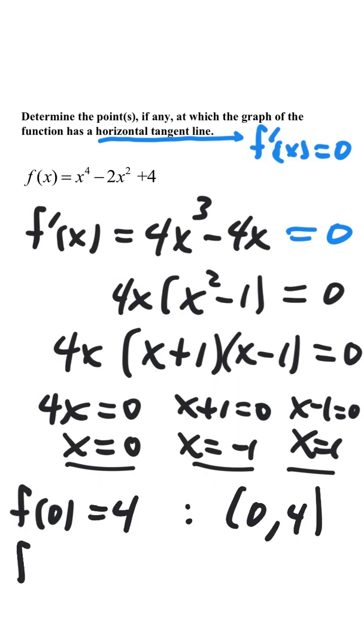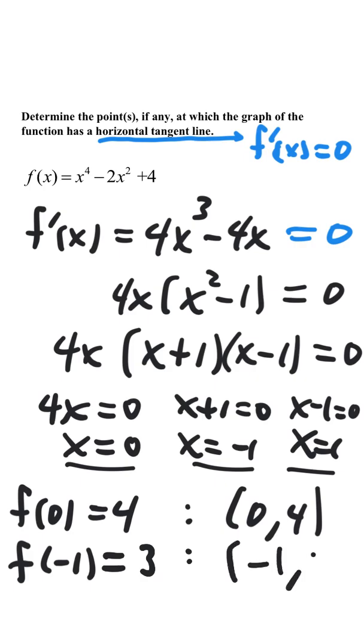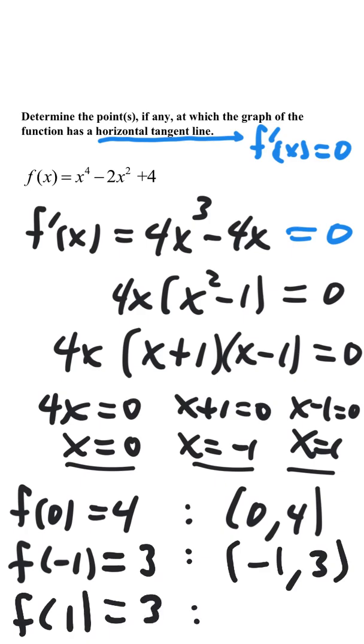If you replace all the x's with negative 1, negative 1 to the 4th minus 2 times negative 1 squared plus 4, you will find your answer is 3, giving us the point negative 1, 3. And then finally, f of positive 1 also gives us 3, and that gives us the point 1, 3.